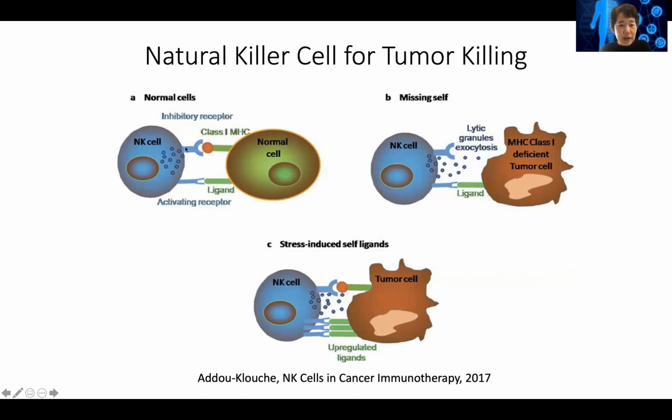So normally, all the normal cells have to express MHC class 1 to present antigen onto the cell surface. And the T cell receptor makes sure that the presented antigen is not foreign. They have seen this before, and so they don't get activated if it's normal antigen.